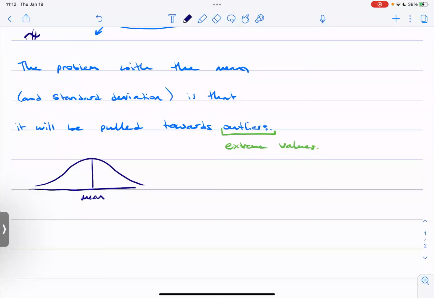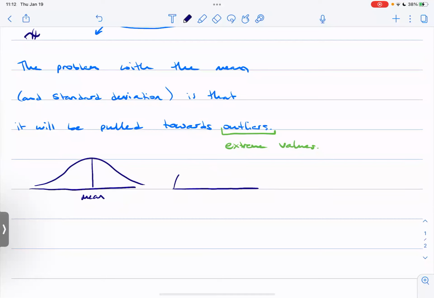Whereas if you have a skewed distribution, the mean is pulled in the direction of the outliers, towards this tail. And so it's no longer a good measure of center, and would end up somewhere down here, because it's being pulled in the direction of the tail.